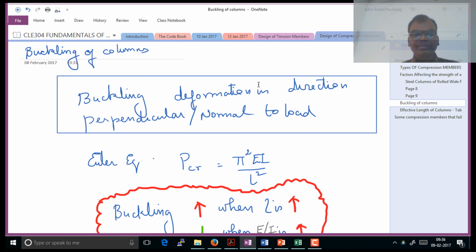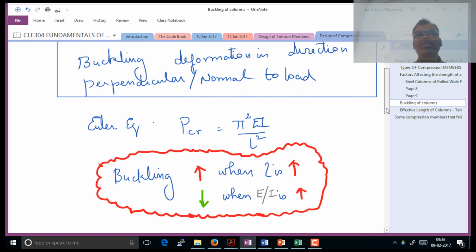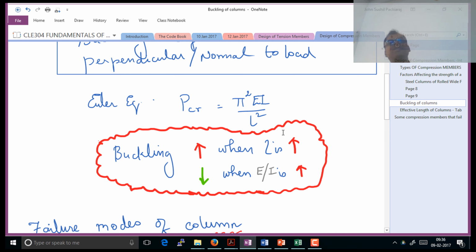So if you look at this formula, buckling increases when L is more. Again, when E or I is there, the effect of buckling is reduced. In other words, what do I mean by this? If I am increasing L, at a very low value itself, P critical will occur.